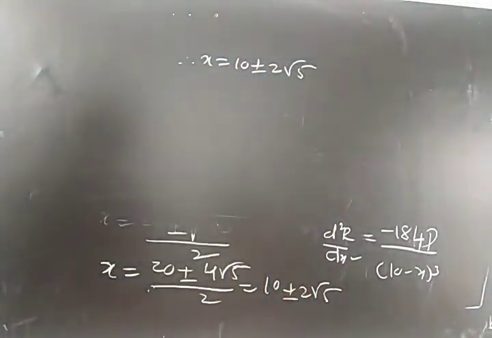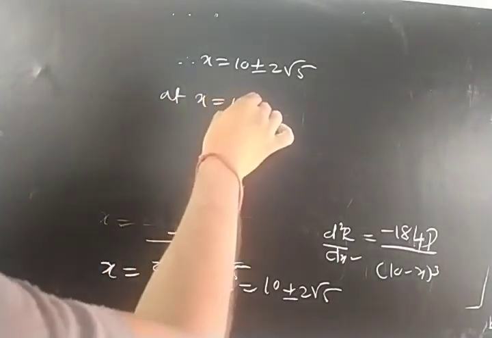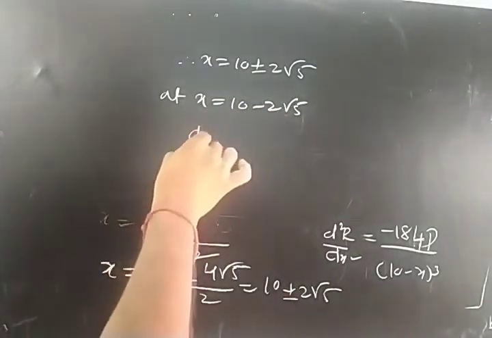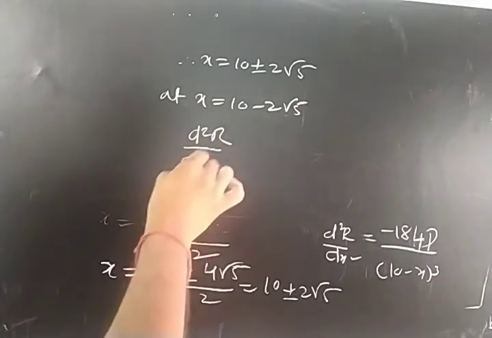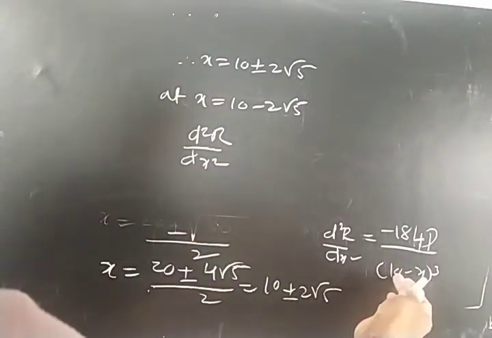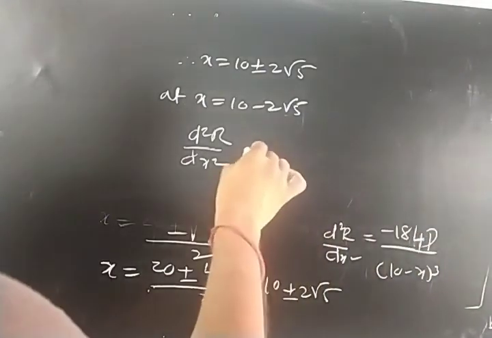Okay, at x equal to 10 minus 2 root 5, I am checking d²R/dx². Substitute here, 10 cancels, minus of minus 2 root 5, so you will get a negative value.